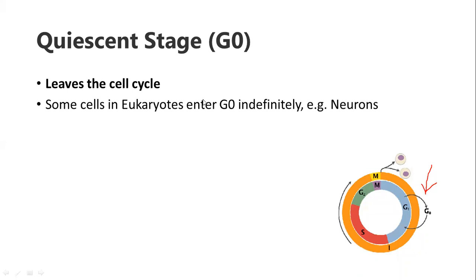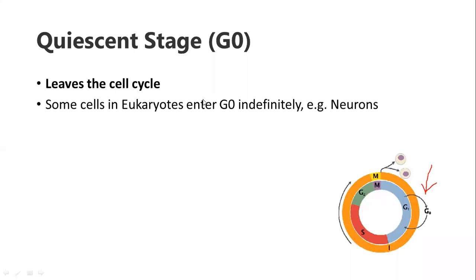So we have the G0 phase, or the resting phase, or the quiescent phase. During this phase, the cell exists in a quiescent state.